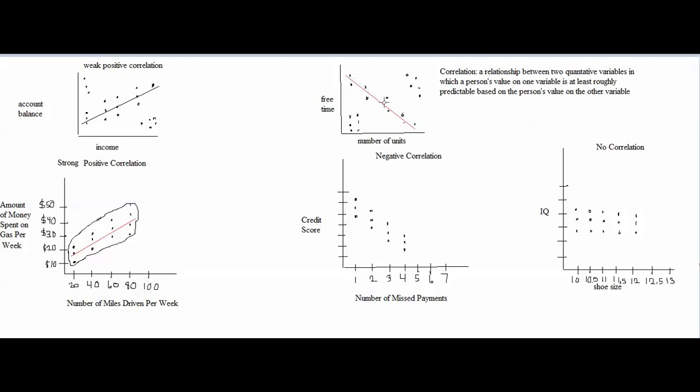The line would drop from left to right, because this is showing that overall, people who take more units tend to have less free time. We can see that that's true with these dots in here, but there's also a lot of people who are far away from the line who don't follow this negative correlation.